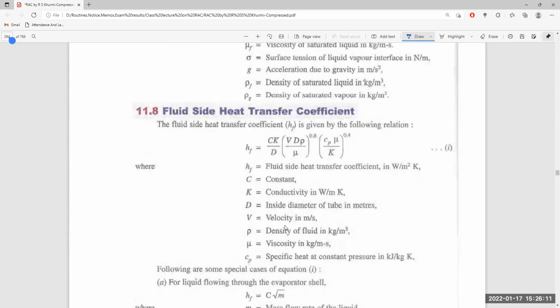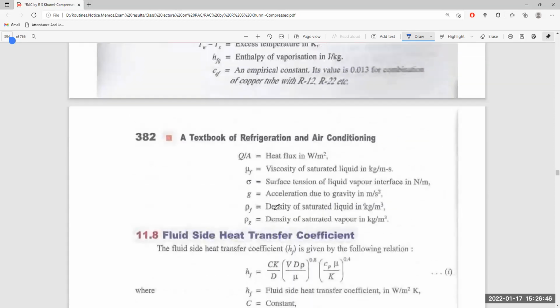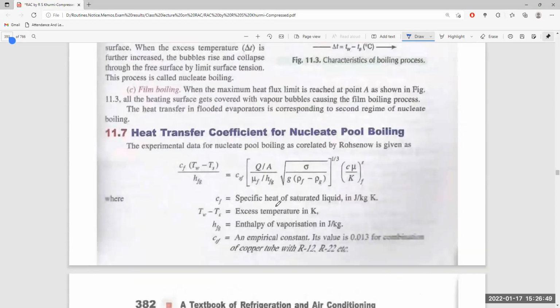Here h is the fluid side heat transfer coefficient, C is a constant, k is the conductivity in watt per meter Kelvin, D is the inside diameter of the tube, V is the velocity in meter per second, rho is the density of fluid, mu is the viscosity in kg per meter second, and Cp is the specific heat at constant pressure in kilojoule per kg. So that is the fluid side heat transfer coefficient, and another is for nucleate pool boiling.